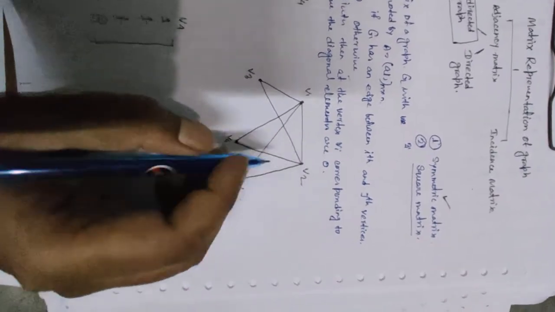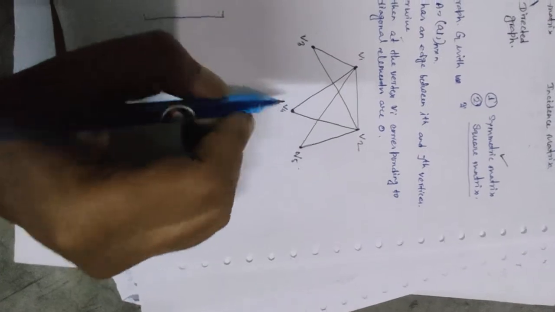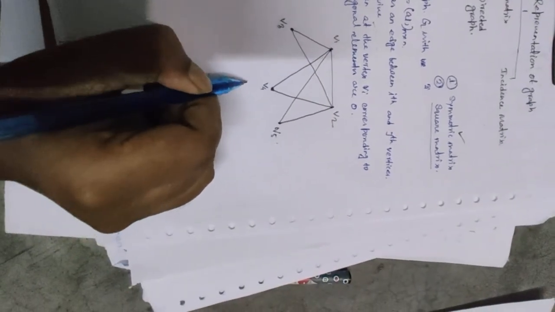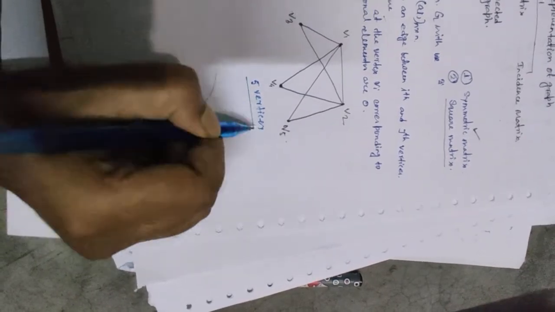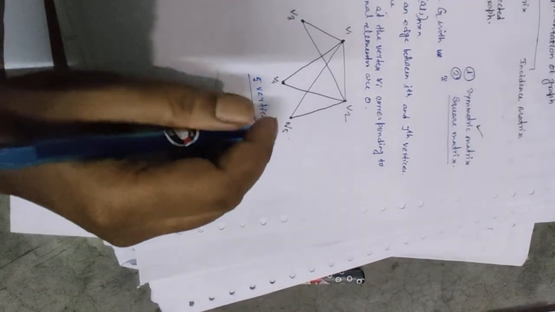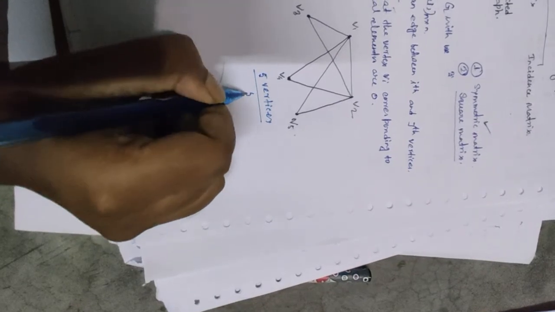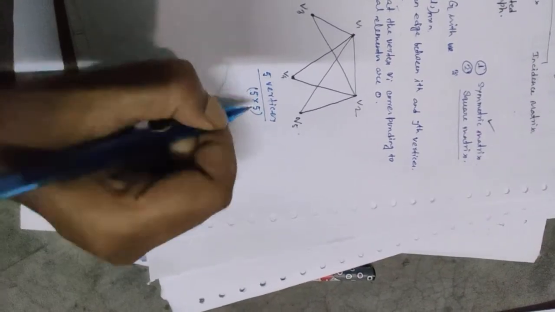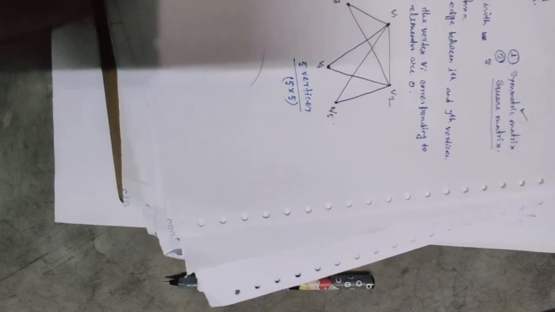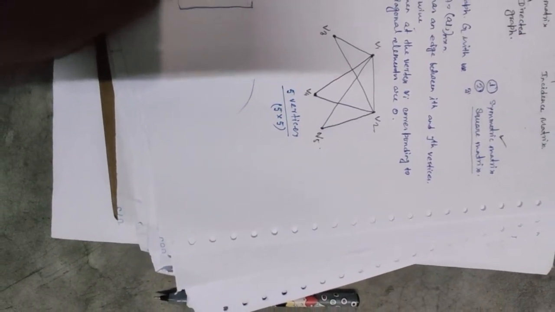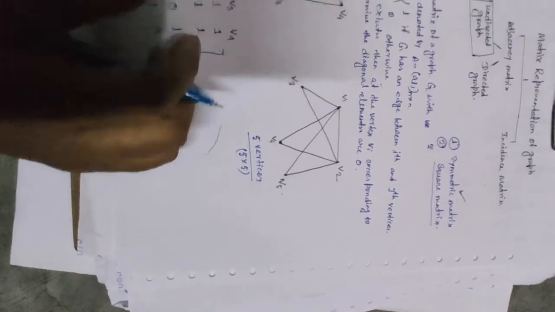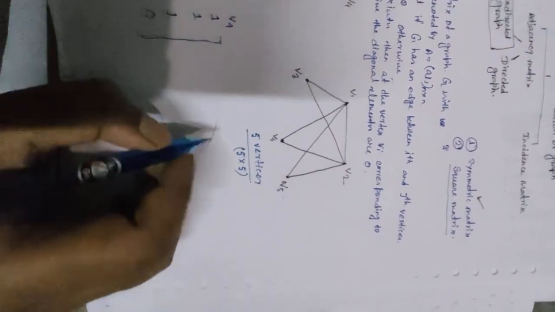See here, this is a graph with 5 vertices, v1 v2 v3 v4 v5. So the order of the matrix will be 5 cross 5. Now let us try to construct the adjacency matrix.